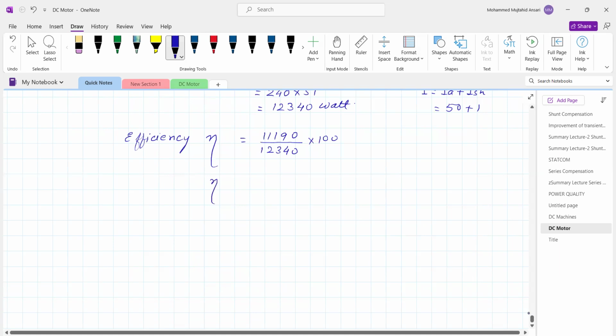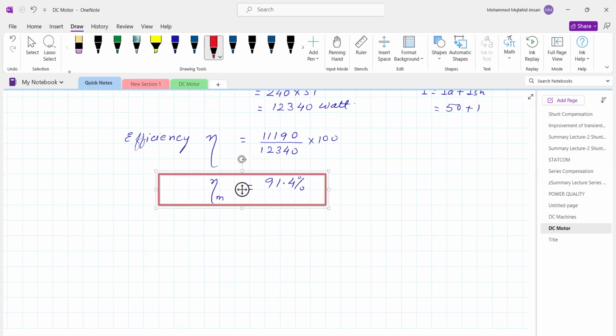So the efficiency of the motor equals 91.4%. So this is the last parameter. In this way, we can do the numerical based on torque of the motor. So thank you for attending the lecture.